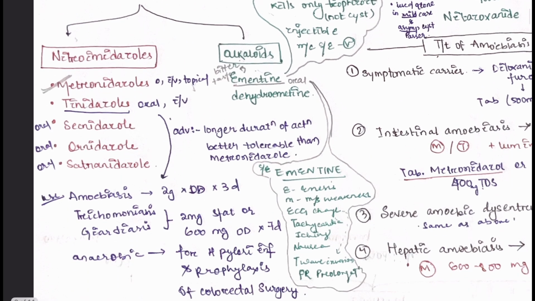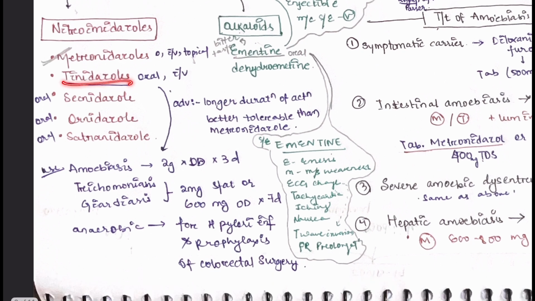Next, coming to nitroimidazoles, we will see metronidazole in detail. That is available as oral, IV and topical. Tinidazole is oral and IV. Tinidazole, what is the advantage? It has a longer duration of action and it is better tolerated than metronidazole. What are the uses of tinidazole?